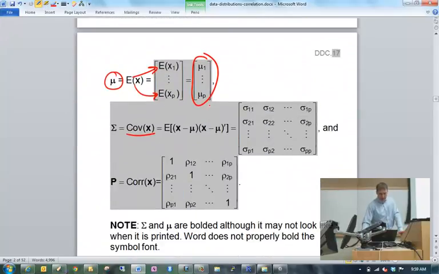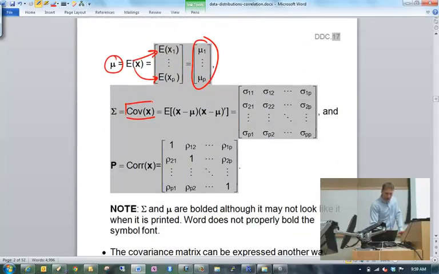The covariance of x, put into a multivariate format, is the expected value of (x minus mu) times (x minus mu) transpose. And if you go through multiplying everything out, you simply get all these covariances in a p by p matrix.